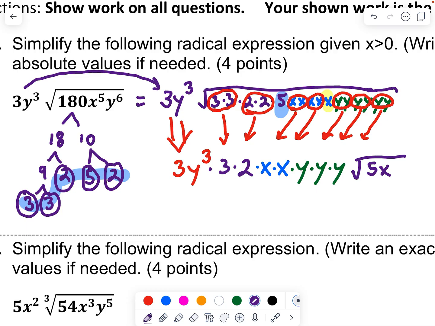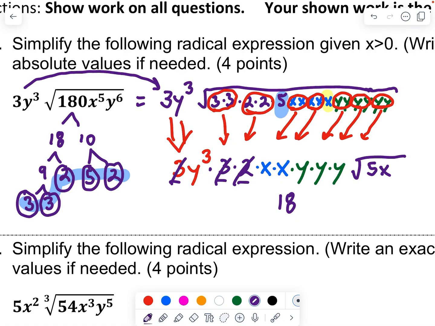And let's remultiply all of this back together to clean this up a bit and simplify it. Okay, I've got 3 times 3 times 2. That's 9 times 2. That's 18. There's so many factors here, you may want to cross them off as you go along. Okay, I want to put my letters in alphabetical order, so I'm going to put my x's first.